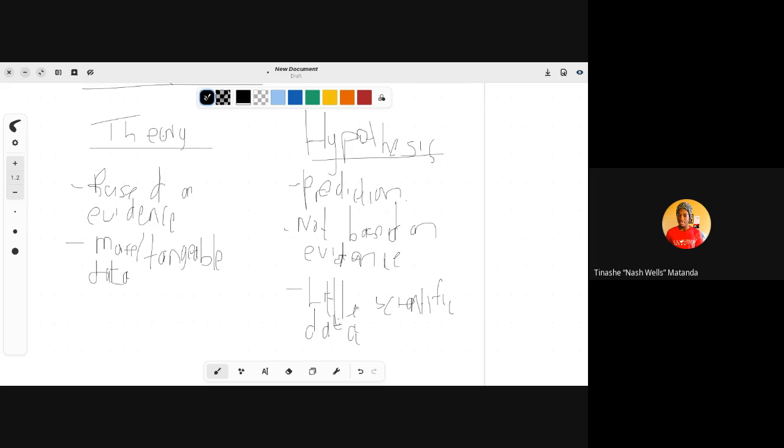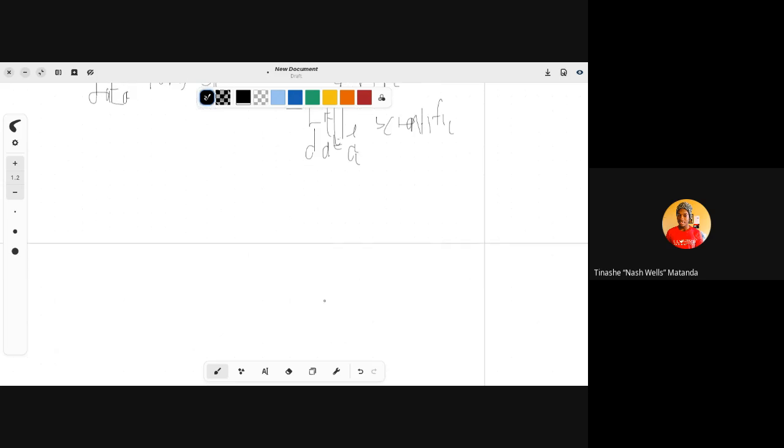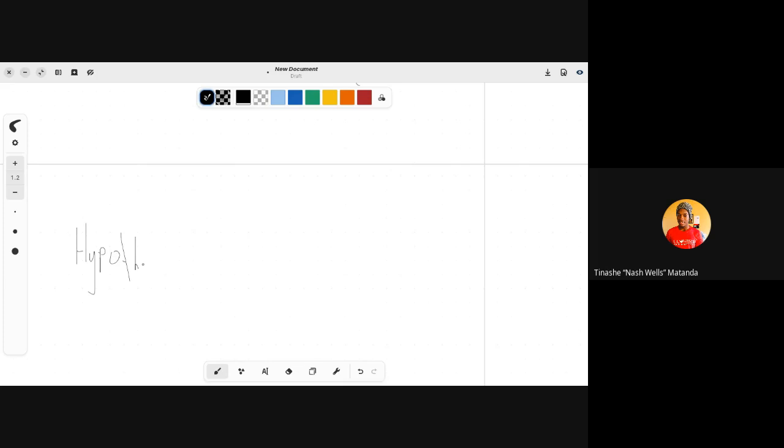So when we're looking at how these experiments are done, this is the idea. I would firstly draft out a hypothesis. Okay, so I would make a hypothesis. Then I'm going to test this hypothesis. After testing this hypothesis, there are two possibilities.